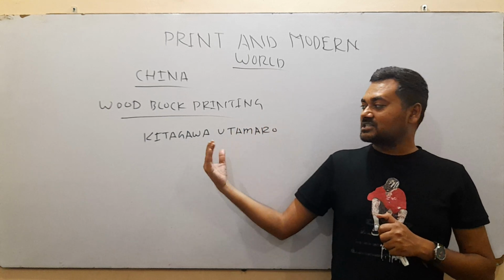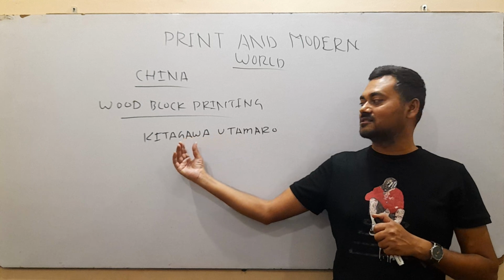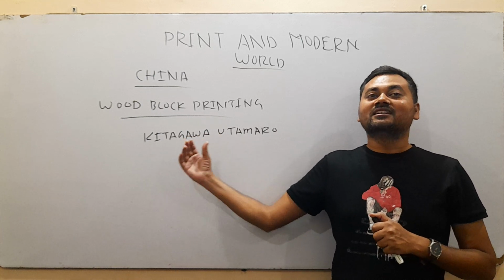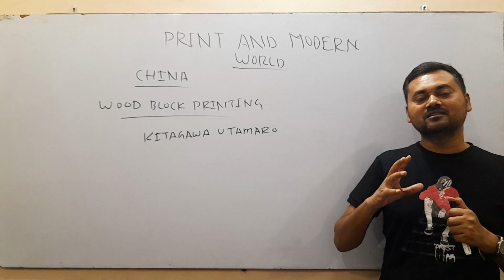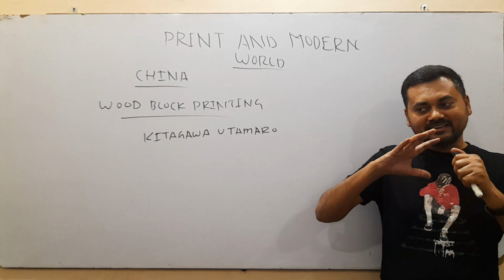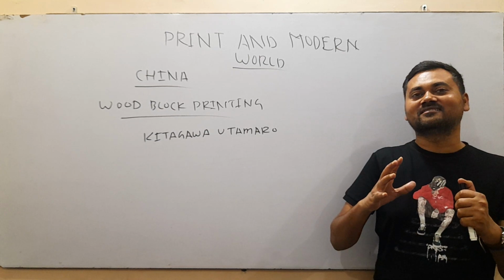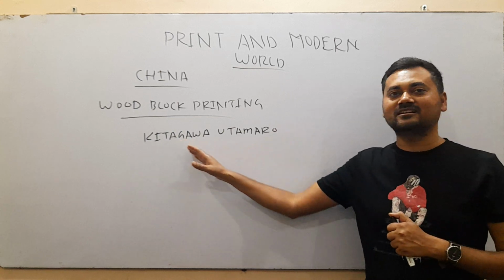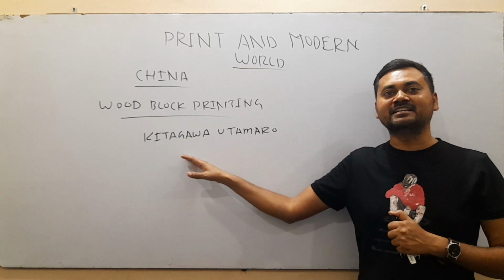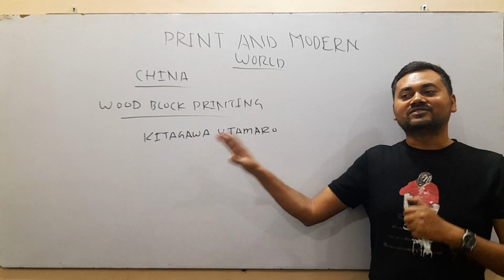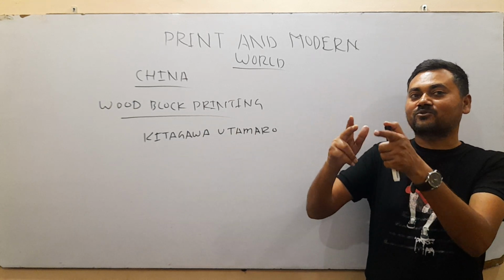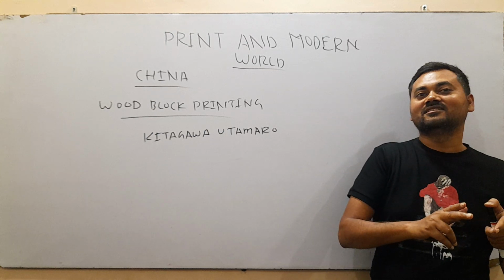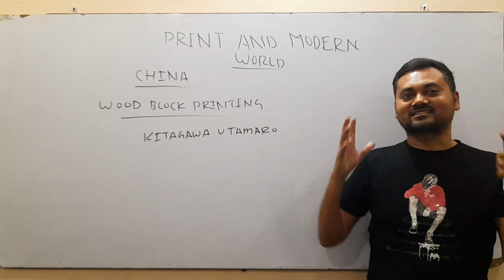Basically, he was famous for generating paintings of Japanese women in a very special manner. In his paintings, the size of the head of the woman in proportion to their body was comparatively larger.